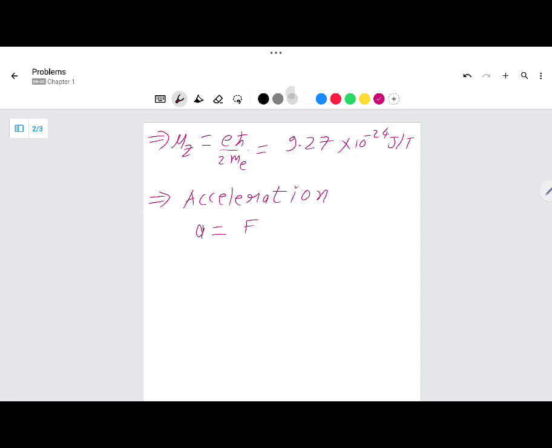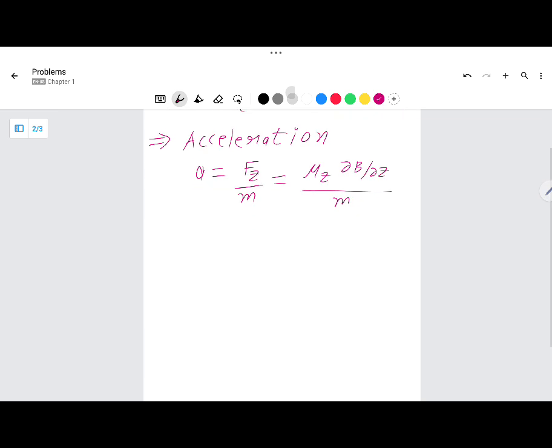It is the force in z divided by their mass. So this is the acceleration, and there is something that we can write about distance.